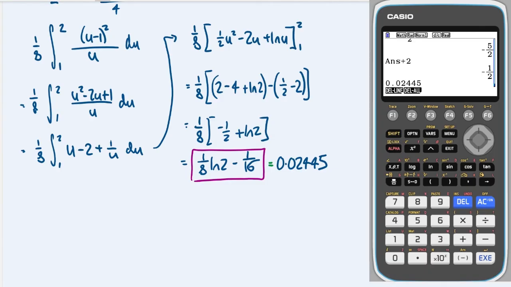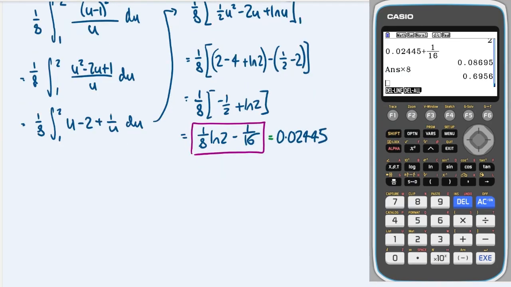So on my calculator I can take 0.02445 and I can add on a 16th, and then I can times it by 8, and that will give me 0.6956. Okay, and it asks us to give it to 2 significant figures, so that's approximately equal to 0.70. And we're done.